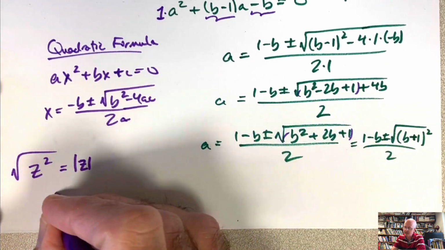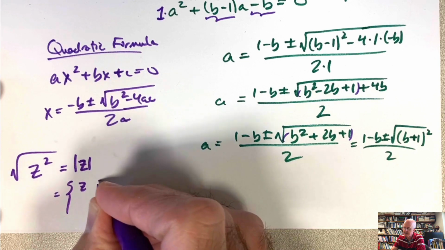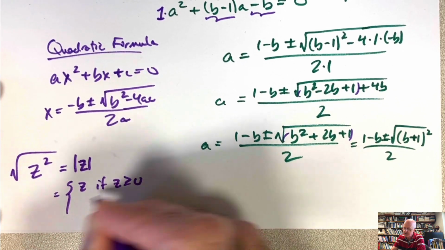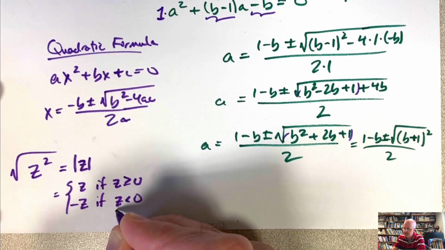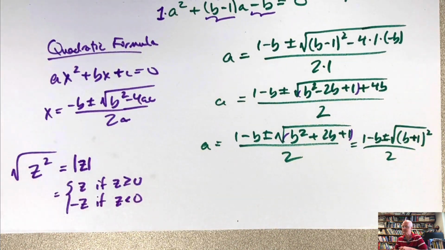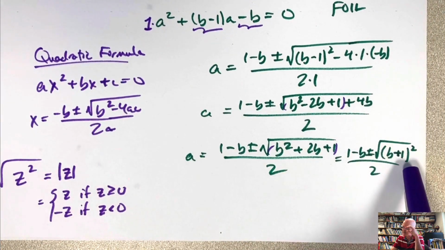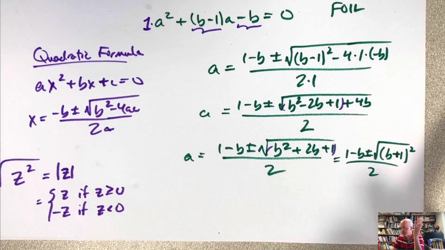It does equal the number itself when the number is positive, but it actually equals the opposite of the number if the number is negative. And if z is negative, then negative z is positive. So yes, you always do get a non-negative output for this expression. So technically, the square root of this thing squared is the absolute value of b plus 1.